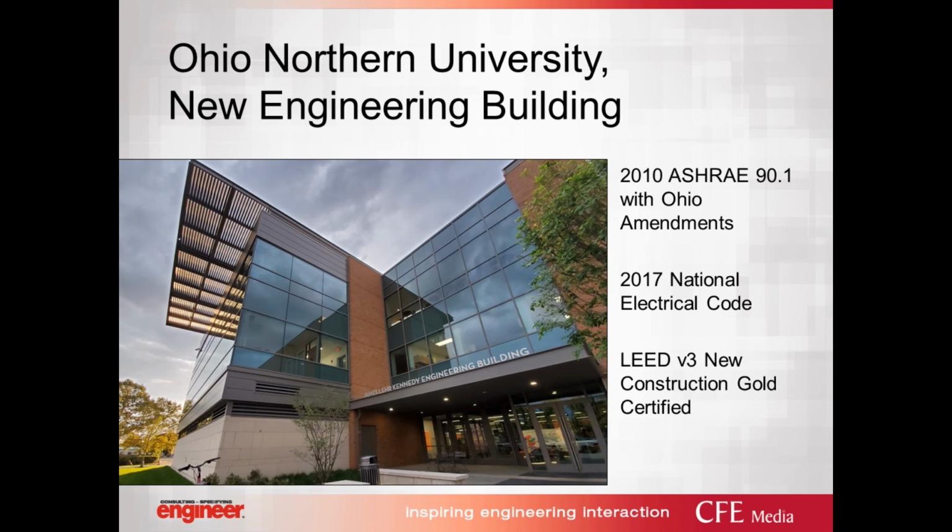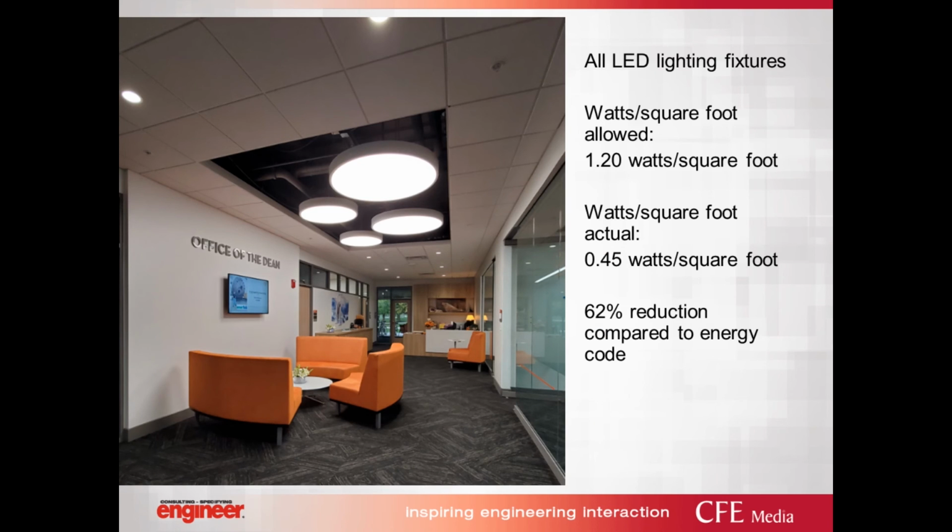So in order to gain our LEED certification, we had to comply with the full ASHRAE 90.1 2010 and could not use Ohio amendments. This project was done with all LED lighting fixtures, and we used the whole building method on this. When you're doing design with ComCheck, you can select either the whole building method or space by space method, and this came up to 0.45 watts per square foot, a 52% reduction compared to the energy code.